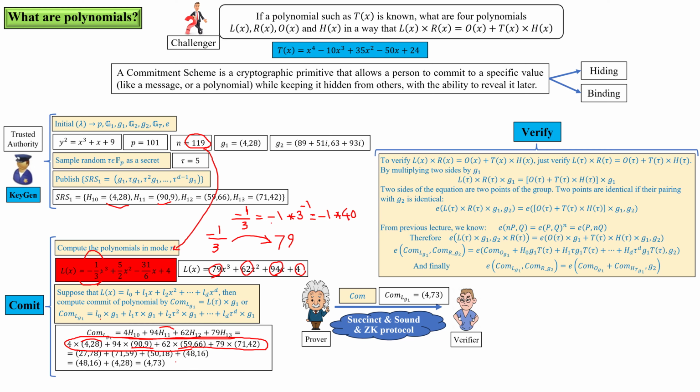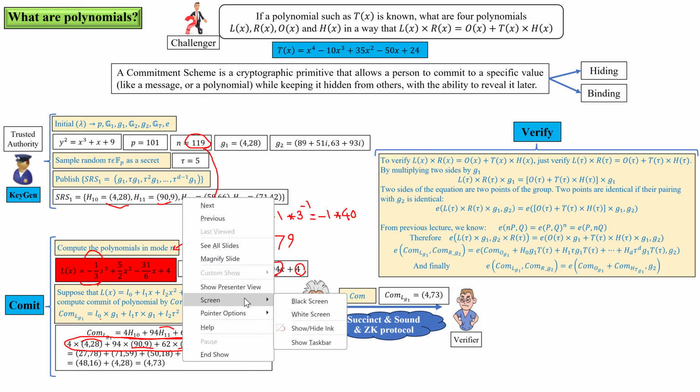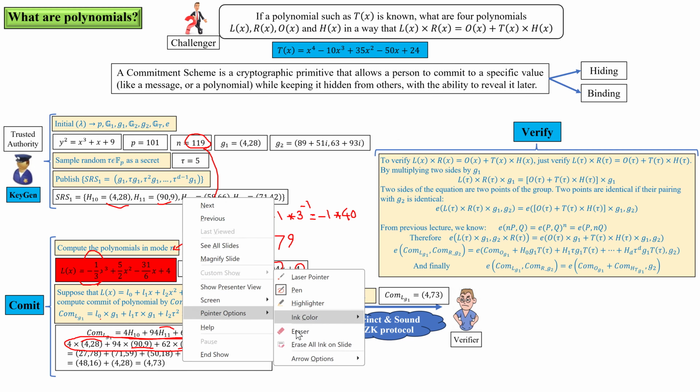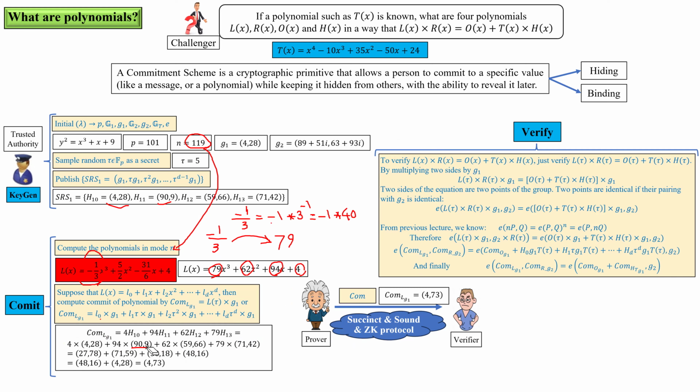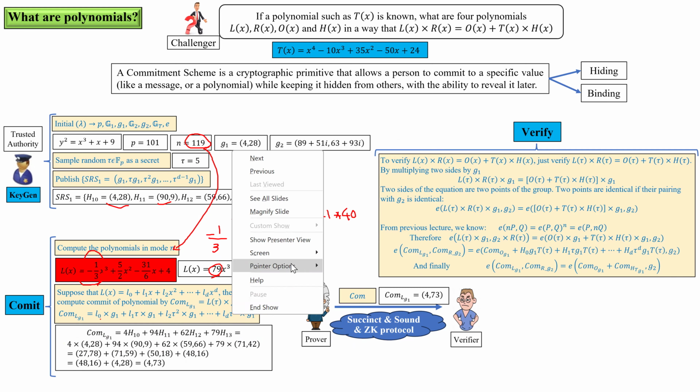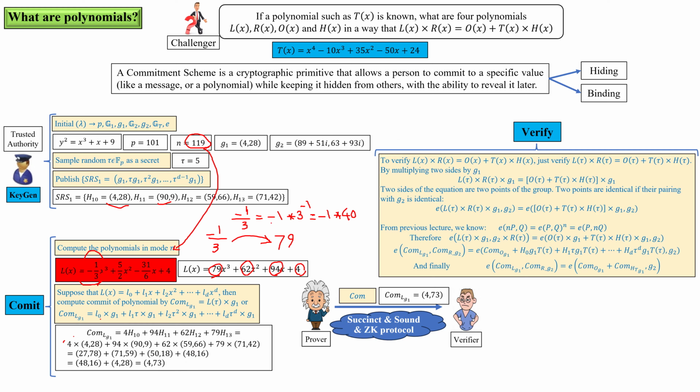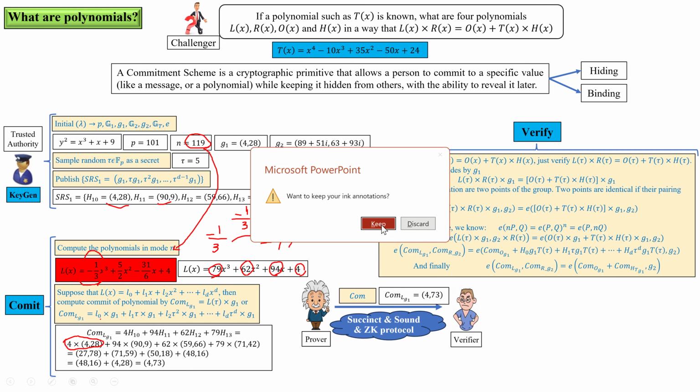At the first step, the prover needs to compute this value, 4 times 4 and 28. First, the prover does this multiplication, 4 times 4 and 28. So let's use our website.